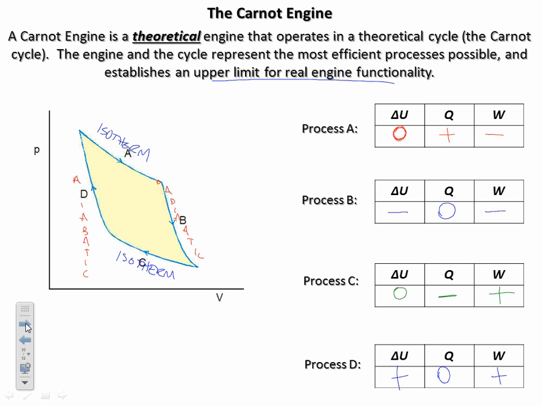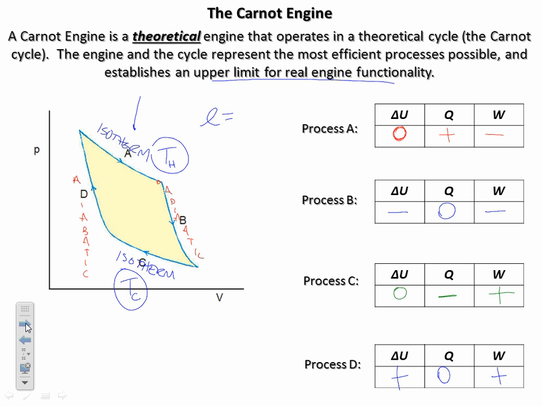We say that this occurs at a temperature we'll call TH, that isotherm. This occurs at a temperature we can call TC. Now, through some miracle of physics, it can be shown that the efficiency of this cycle, after all, this is an engine.